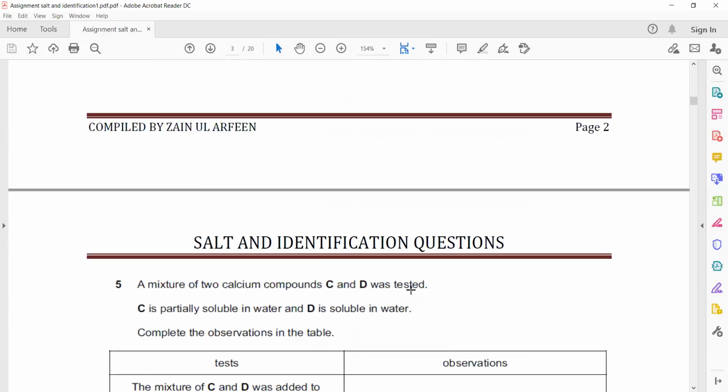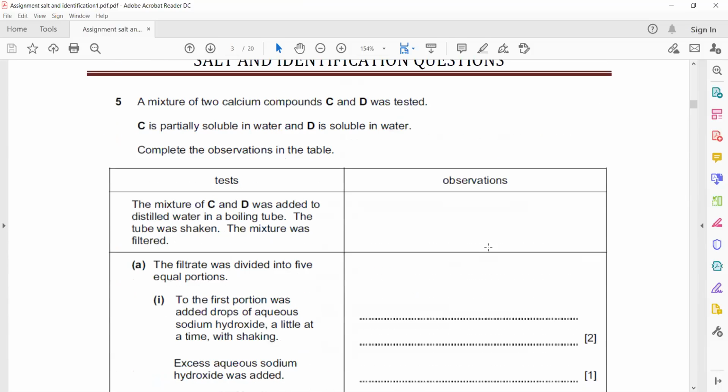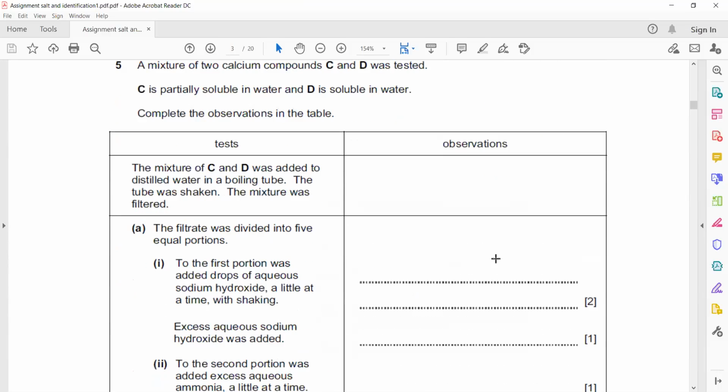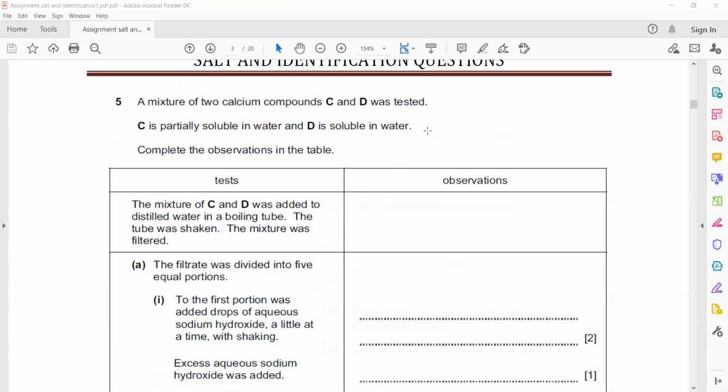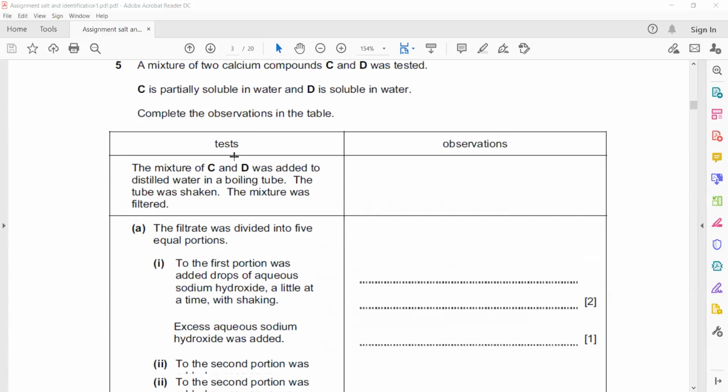So we'll do one question related to salt and identification. A mixture of two calcium compounds are there.